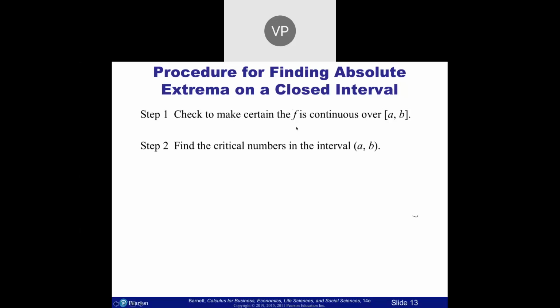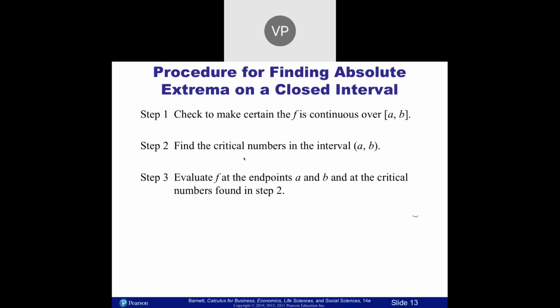So find the critical numbers. Remember how we find the critical numbers: every place where the derivative is equal to 0. Find the derivative, set it to 0, solve for x. Those are my critical values. Then evaluate f. When they say evaluate f at the endpoints, they're basically saying plug the endpoints into the original function and find the y values.